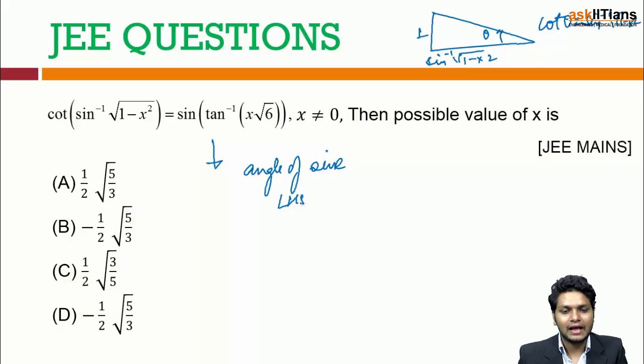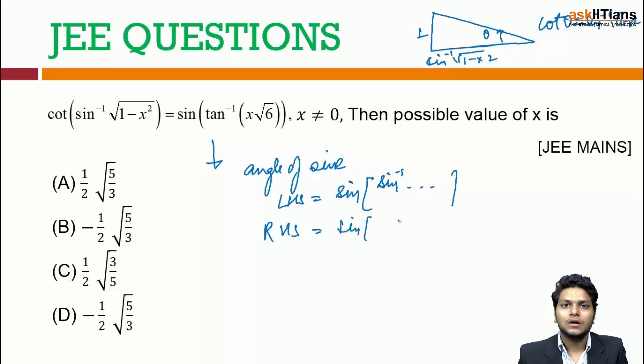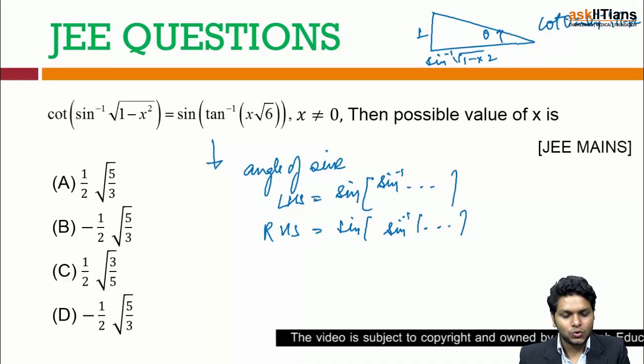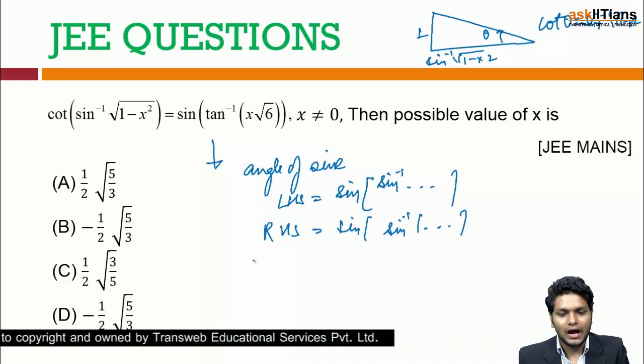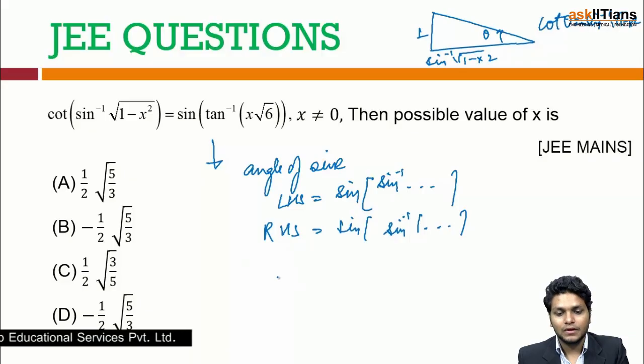The left hand side can be written as sine of sine inverse of some value, and the right hand side can also be written as sine of sine inverse of some value. By doing the simple computation and calculation, on the RHS it's quite easy for me.